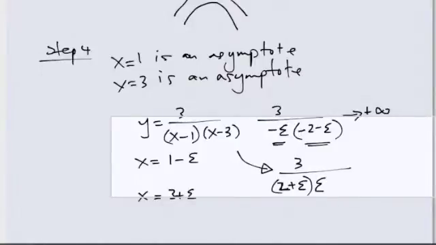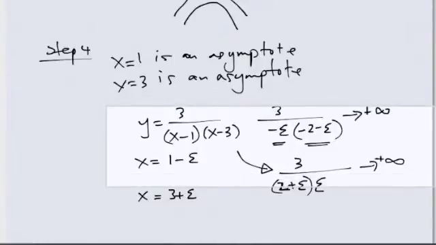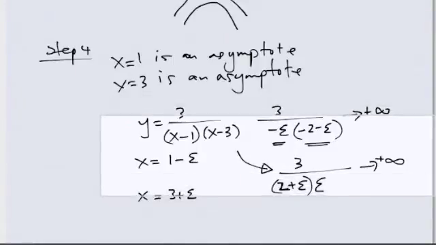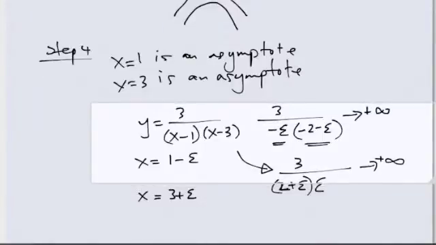So in the numerator we have 3, and in the denominator we have a positive number multiplied by a very small positive number, so this approaches positive infinity.